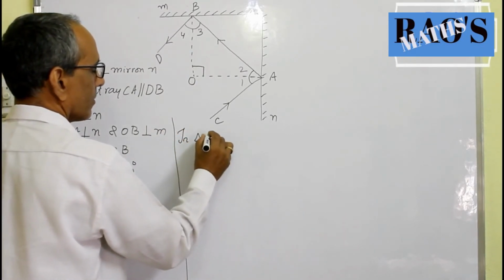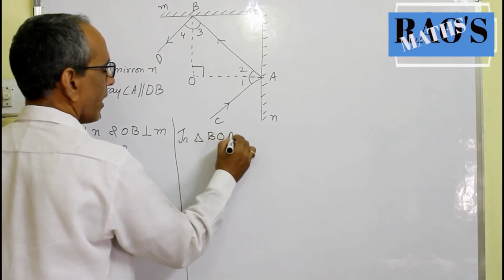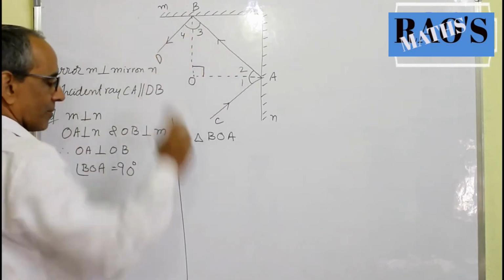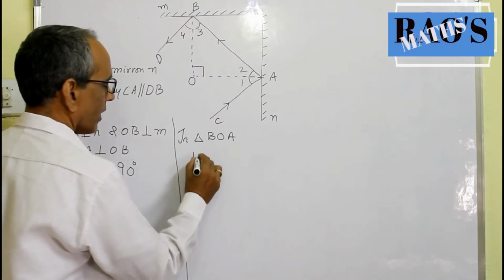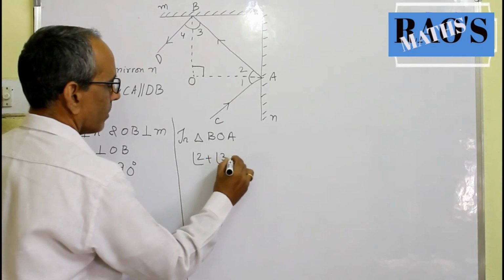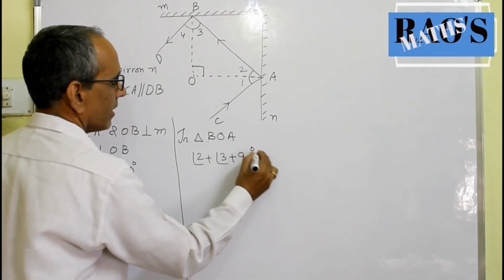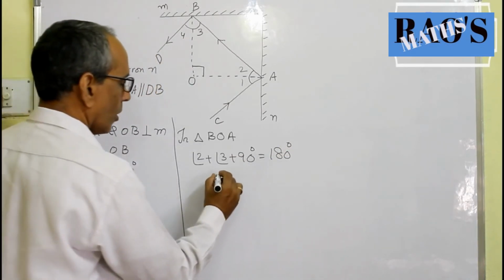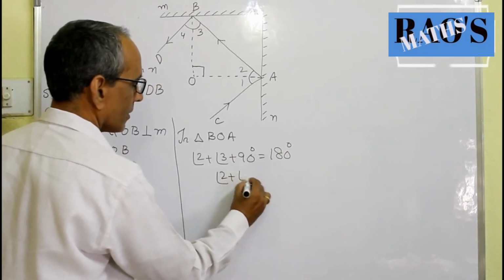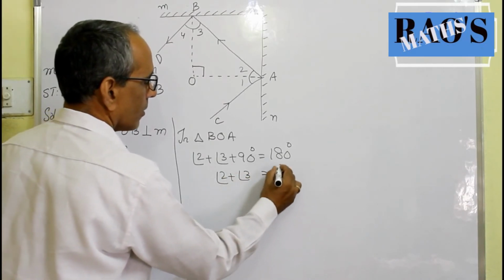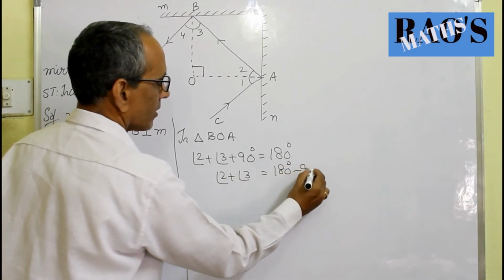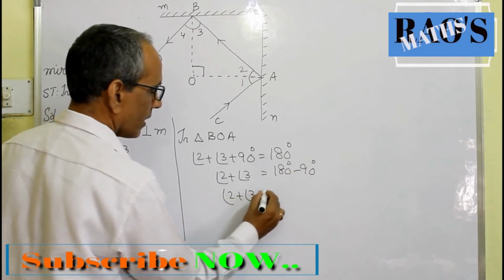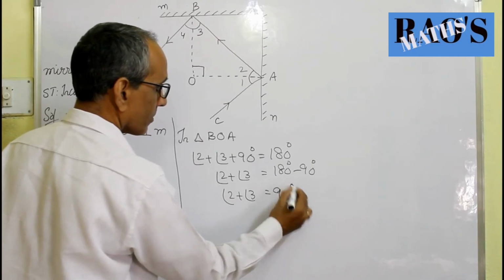In triangle BOA, we have angle 2 plus angle 3 plus 90 degrees, together 180 degrees by the angle sum property. So, angle 2 plus angle 3 is equal to 180 minus 90 by transposing. So, we remain with angle 2 plus angle 3 is equal to 90 degrees.